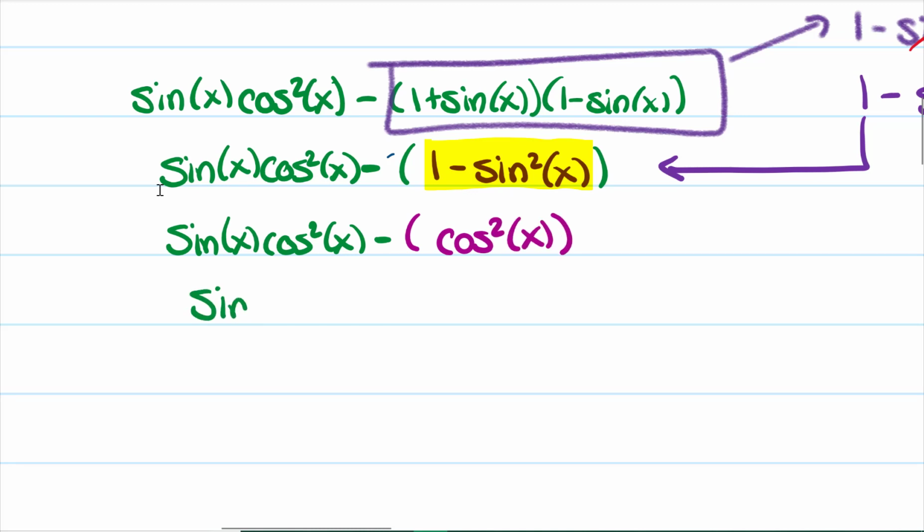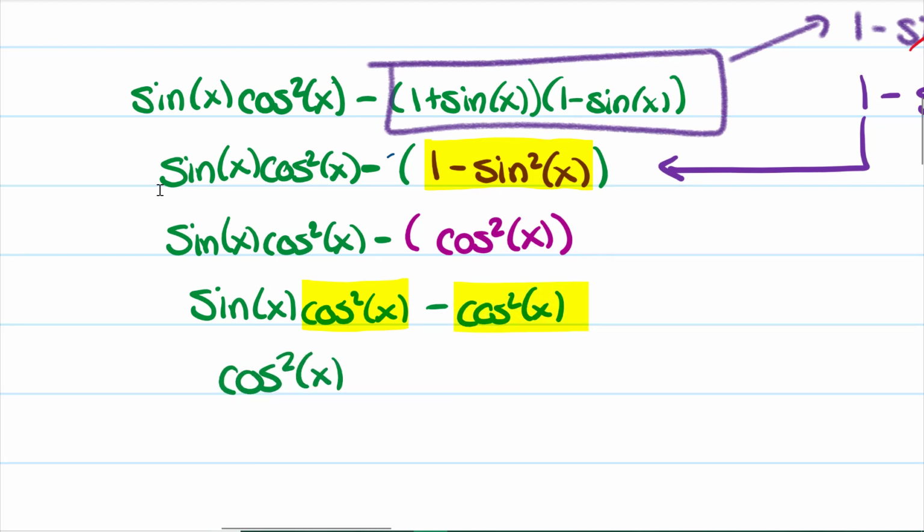So now I get sine of x cosine squared of x minus cosine squared. And then I can actually factor out a cosine squared. So I get cosine squared times sine of x minus 1. And that's probably about as simple as we can make the numerator.